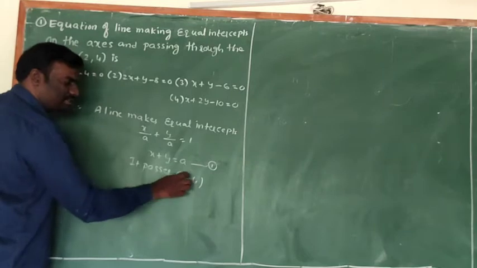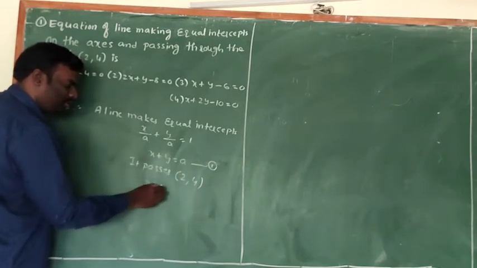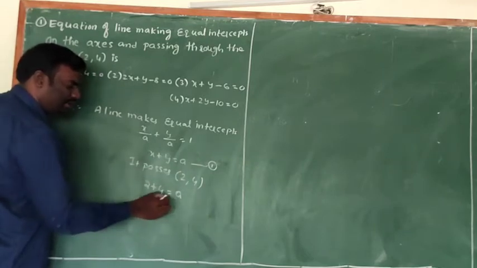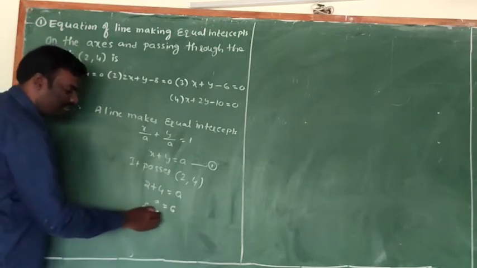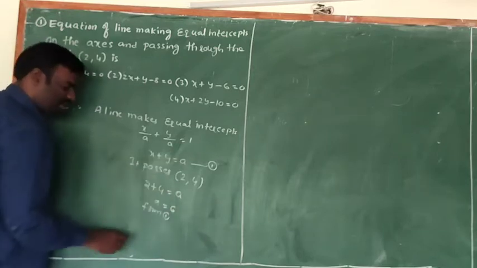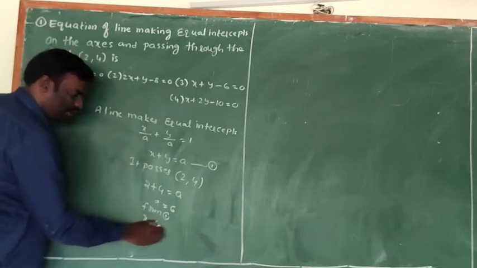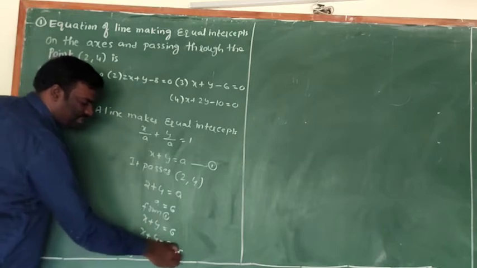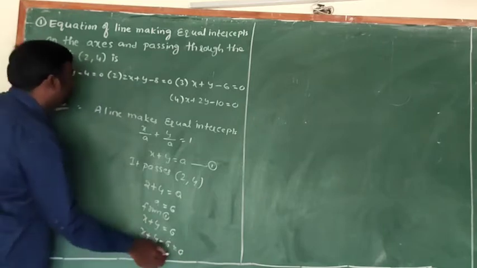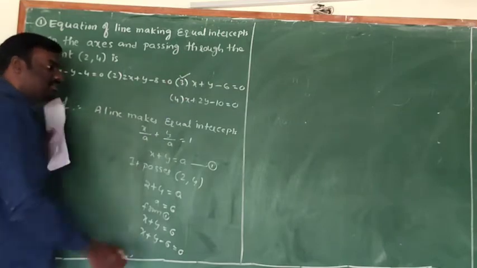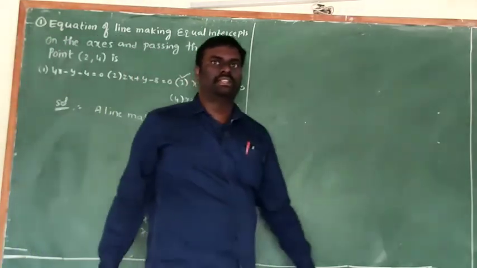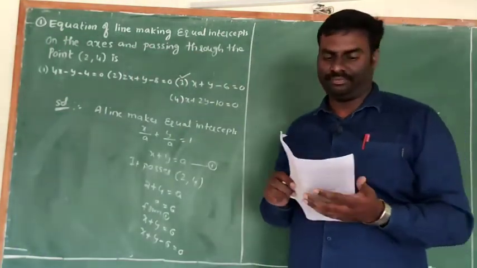This is x, this is y. Substitute: 2 plus 4 is equal to a. Now a equals 6. Substitute this a value in equation 1: x plus y is equal to 6. Then x plus y minus 6 is equal to 0, which means option 3 is the correct answer for this first question.